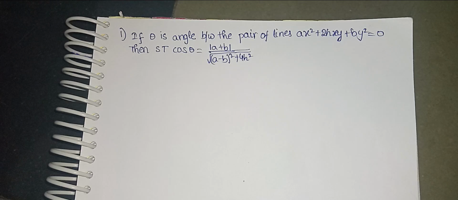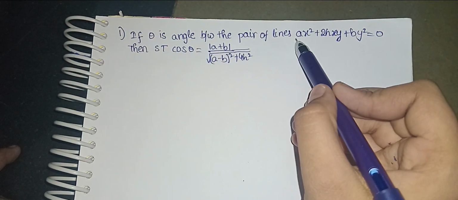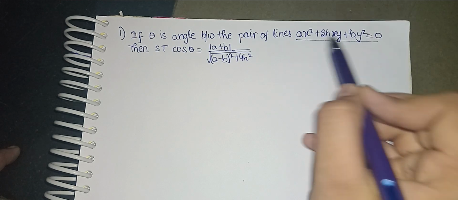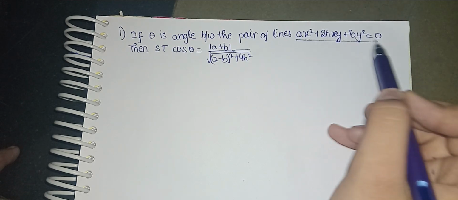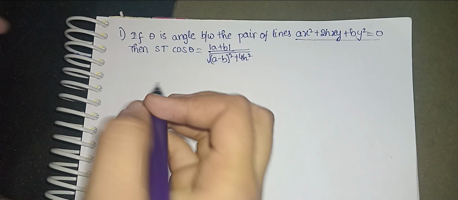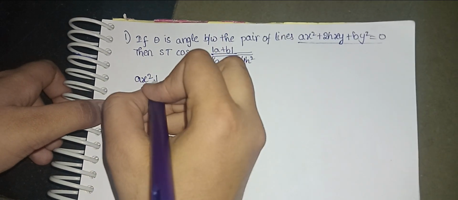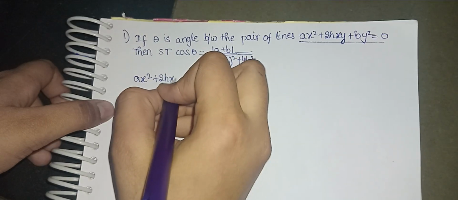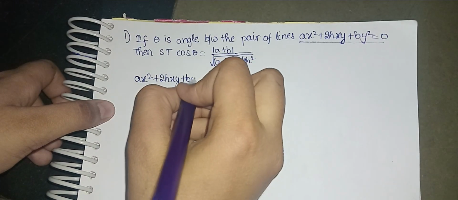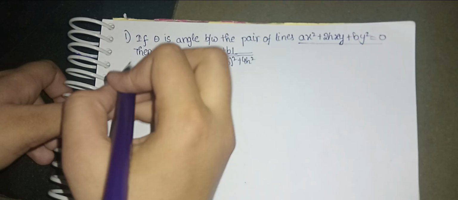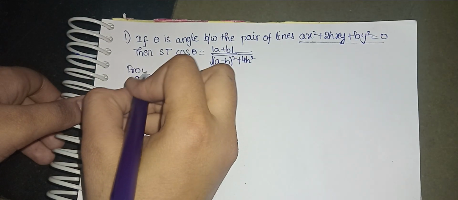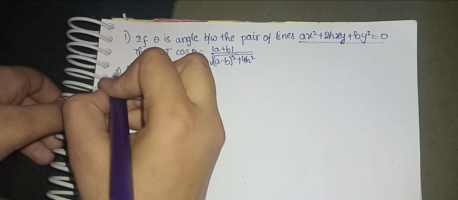Okay, so this is the first theorem. Here, see, this is the equation of two lines: ax square plus 2hxy plus by square is equal to 0. Here you have to write proof and start.